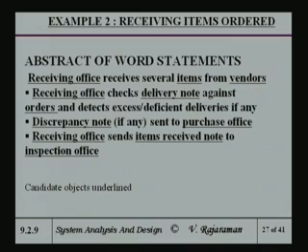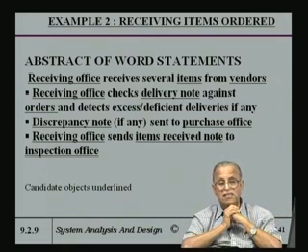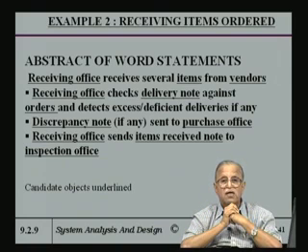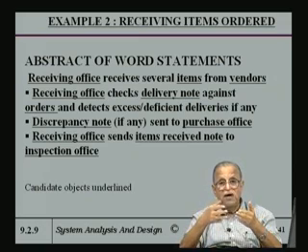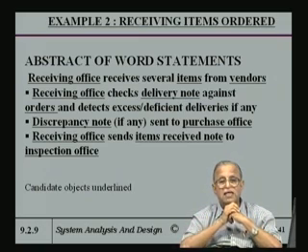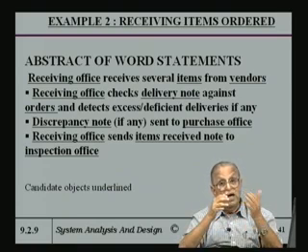I am taking one more, a little bit more complex example, which we started looking at the very beginning. This is an example of a company which receives a lot of goods from vendors, and they are all received by the receiving office. Lots of items come into the receiving office from vendors, and the receiving office checks the delivery note which comes along with the item against the orders.